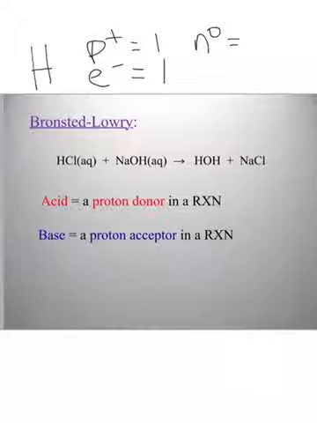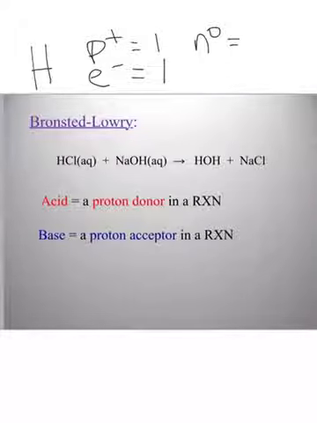If we take the atomic mass minus the atomic number, that tells us how many neutrons there are. Remember, the mass on there is the average of all the isotopes that exist for hydrogen, and it's closer to 1 than another number. So generally speaking, the most common isotope of hydrogen doesn't even have a neutron in it.